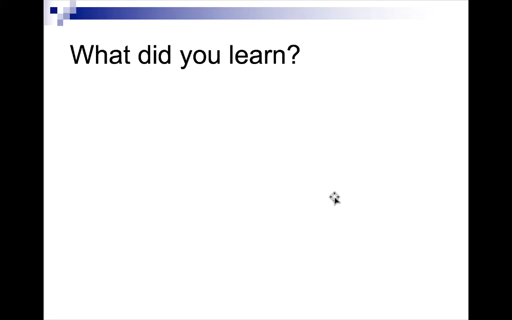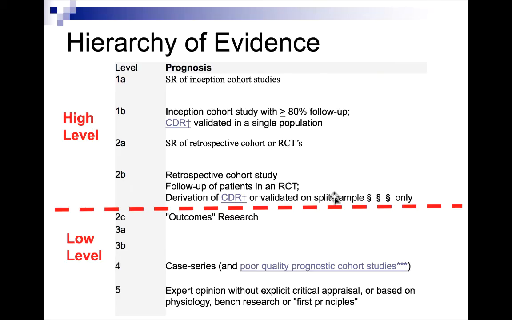And now the second question is, how do we trust or give weight to different types of prognosis studies? For that, we have a hierarchy of evidence which has been provided to help us sort out what studies mean. What their design is has a lot to do with whether we should trust them or think of them as valid or not.